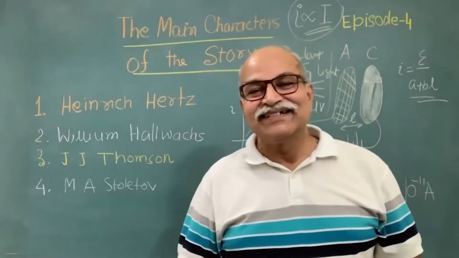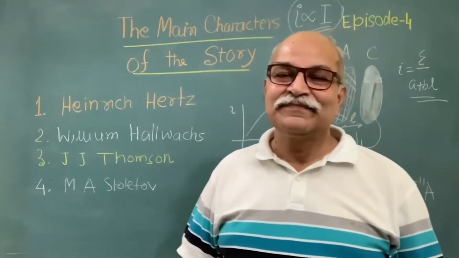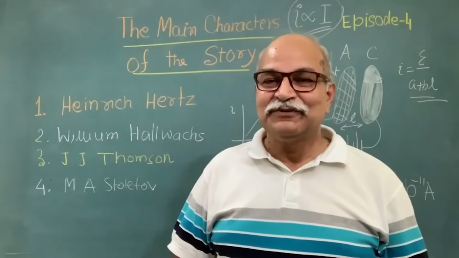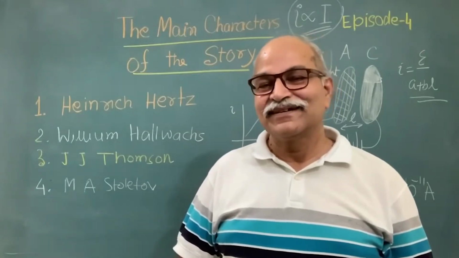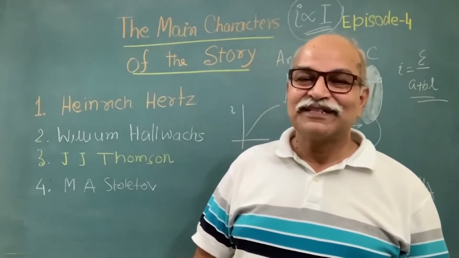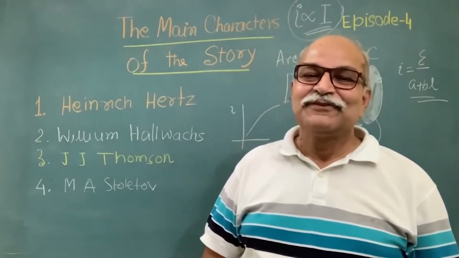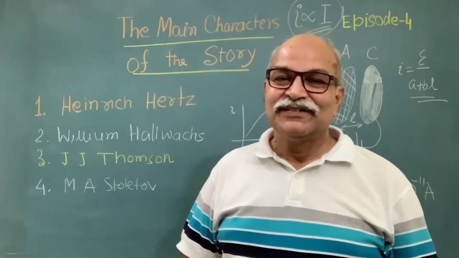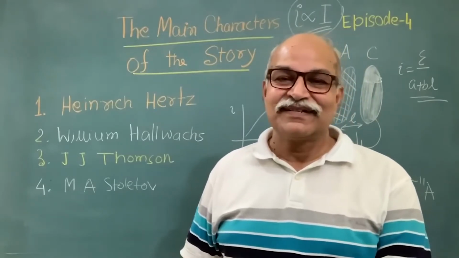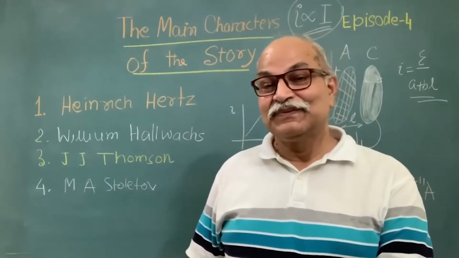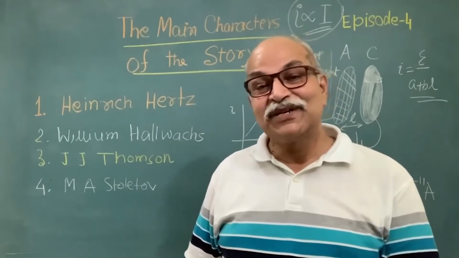Alright, so that is it, and then maybe in the next episode we will talk of another giant personality, 1905 Nobel Prize awardee Philipp Lenard. He has given very good quantitative results, and Einstein in his Nobel Prize work has mentioned this.